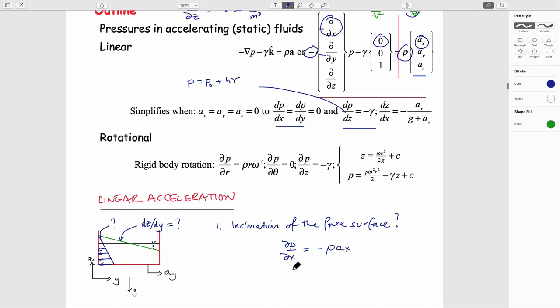If we look at pressures in the y direction, it's just a permutation of that. This is density, this is pressure. I know they look a little similar.